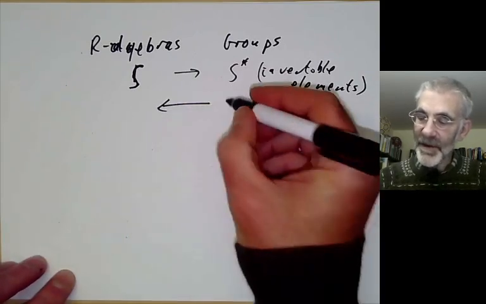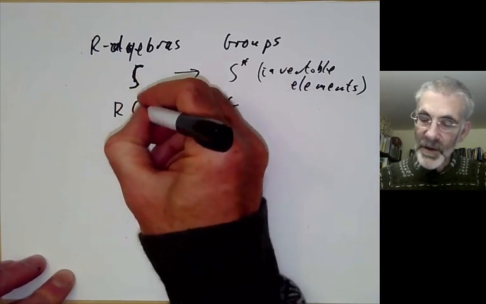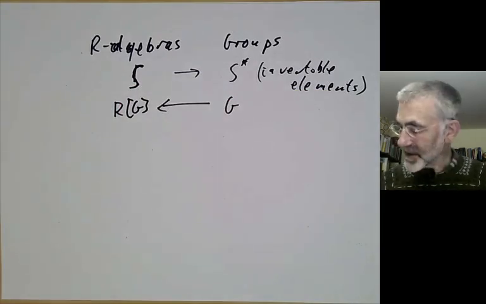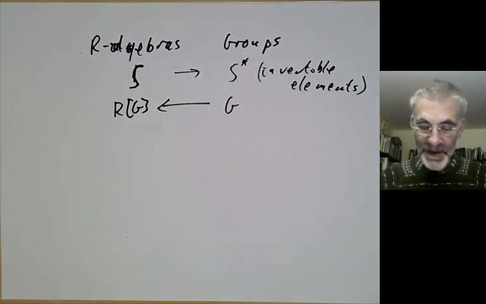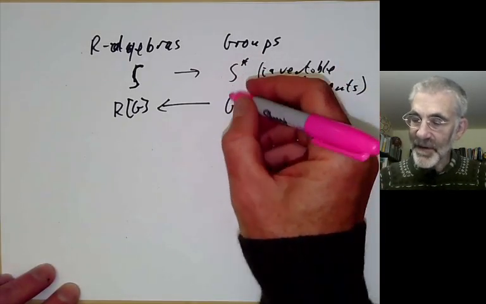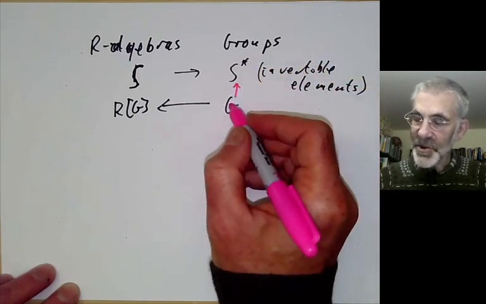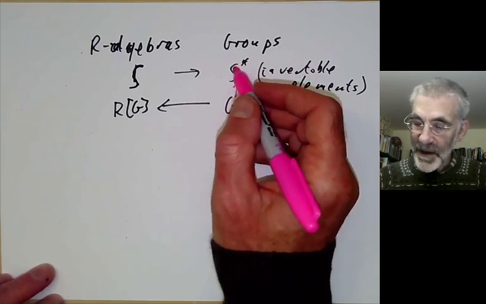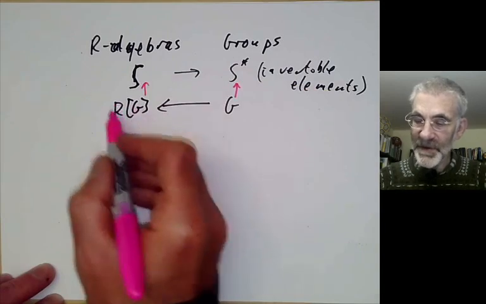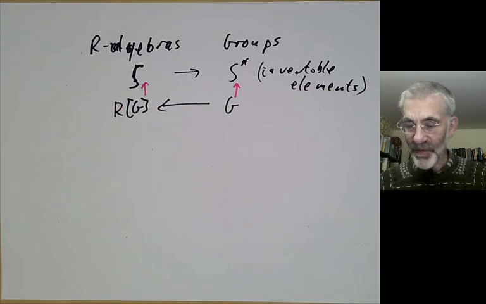And you can go back in the other direction. You can take a group G to the group ring R of G. And this is an example of a left adjoint functor. So you may remember from the lectures on category theory that this means that the group homomorphisms from G to the invertible elements of a ring correspond to the ring homomorphisms from the group ring to that ring, and this is more or less obvious.